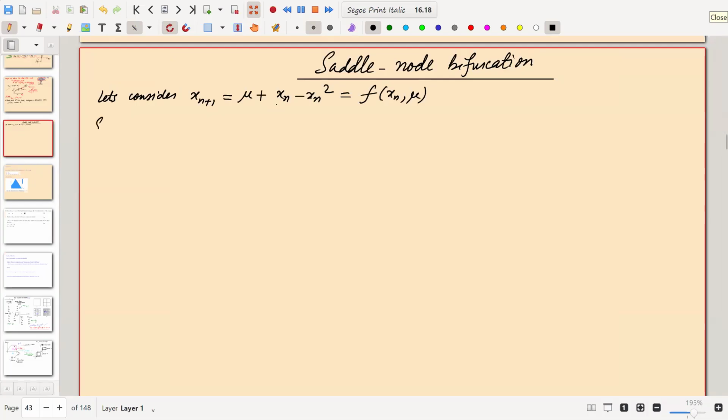Now, suppose mu is greater than 0. If mu is greater than 0, then there are two fixed points. Agree with me?